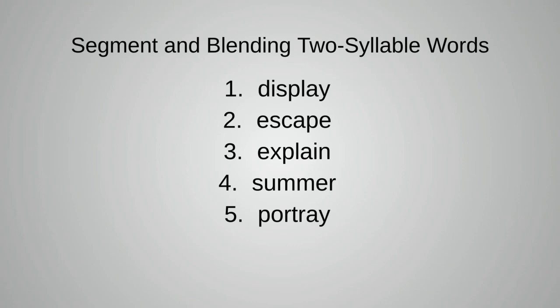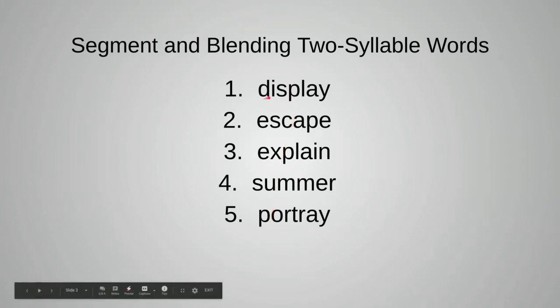Okay, so we're going to start off by segmenting and blending two-syllable words. And we do this so that if we don't know how to say a word or read it by looking at it, we can break it apart by the sounds that we know. Okay, so we're going to begin with display.